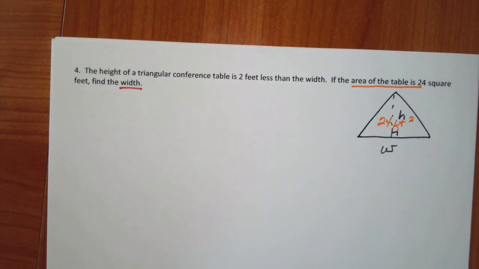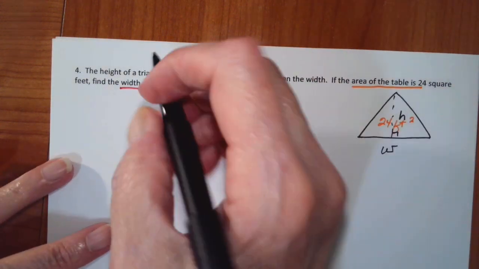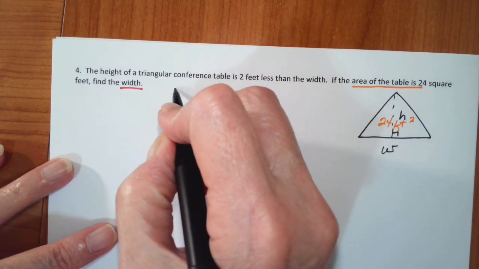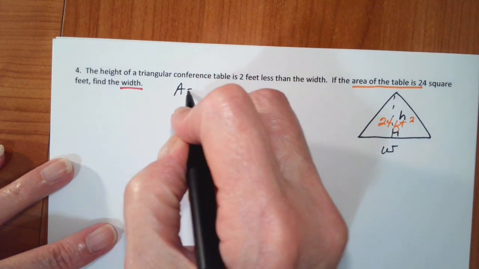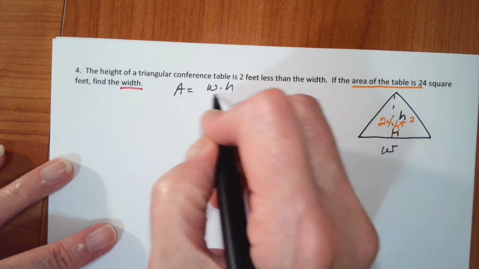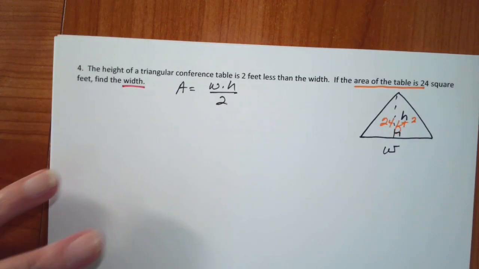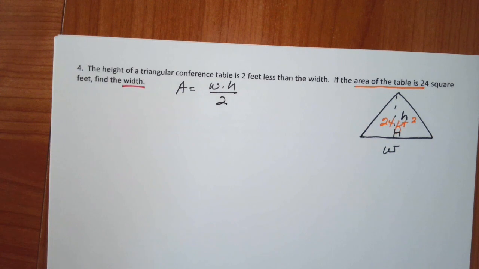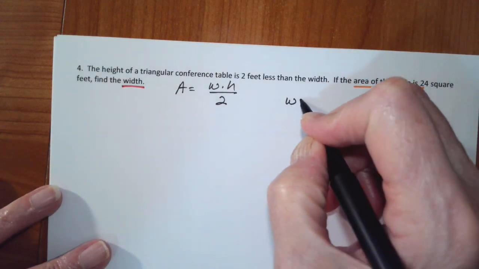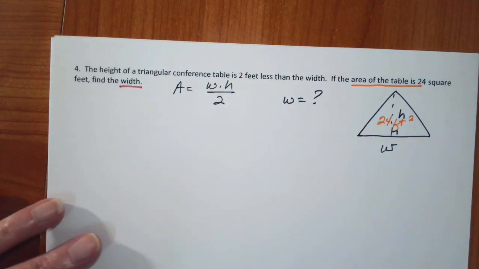Well, so now I have to know what the area is. Well, the area is equal to the width times the height divided by 2. And the width is what we want to know.